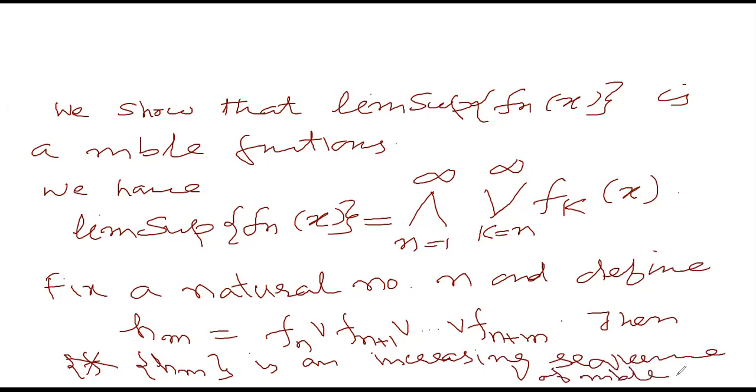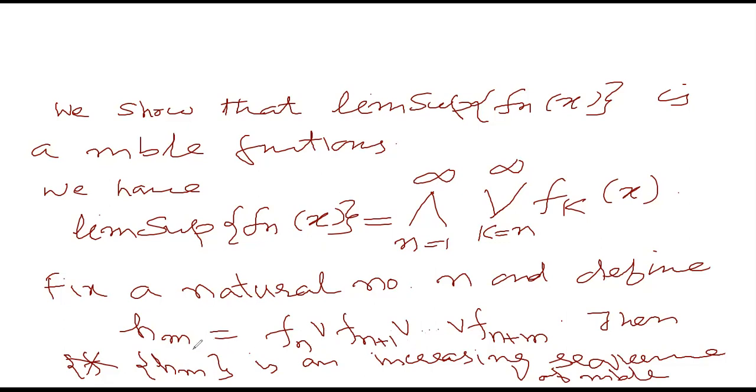Why is it an increasing sequence? Because if you take h1, what's h1? h1 is fn join fn plus 1. Then you take h2, the join of fn, fn plus 1, fn plus 2. So actually h2 is the supremum of a bigger set than h1, because h1 is the supremum of fn and fn plus 1. h2 is the supremum of fn, fn plus 1, fn plus 2, and h3 will be the supremum of fn, fn plus 1, fn plus 2, fn plus 3.